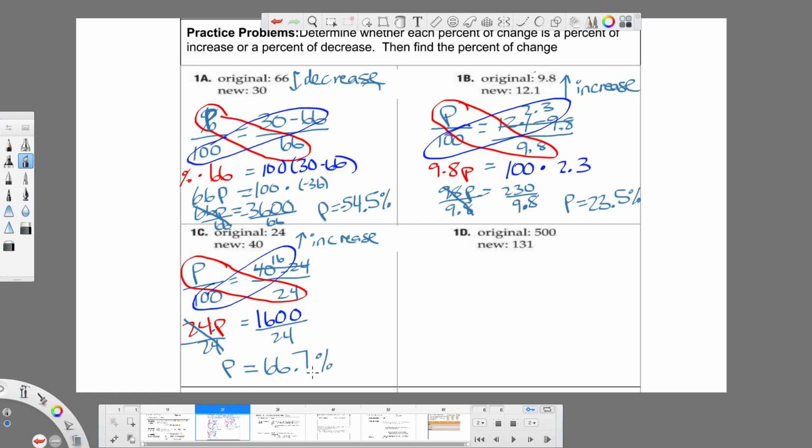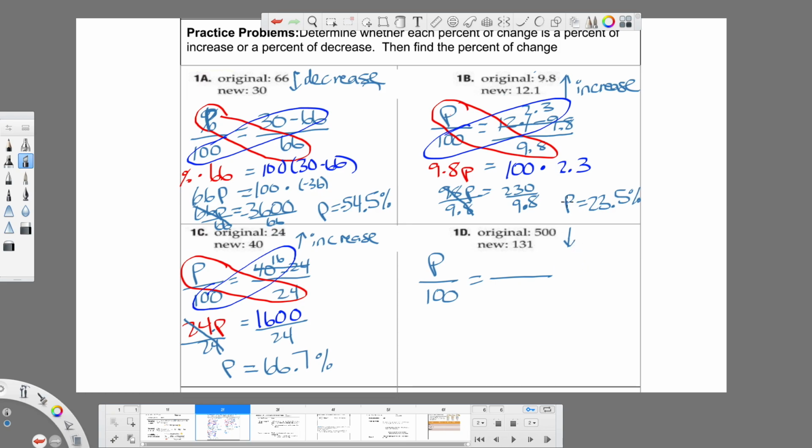All right, next one, or last one, we have percent over 100. Remember, by now, we should just be able to know that's how we start. Percent over 100. It's just the other side that changes a little bit based on the numbers they give us. So it was 500. Now it's 131. That's definitely going down. That's a huge decrease.